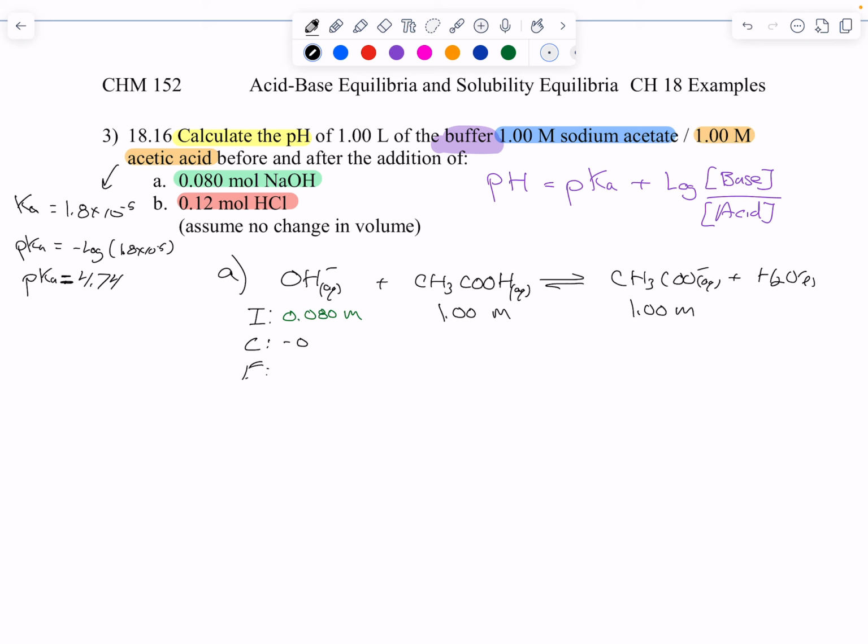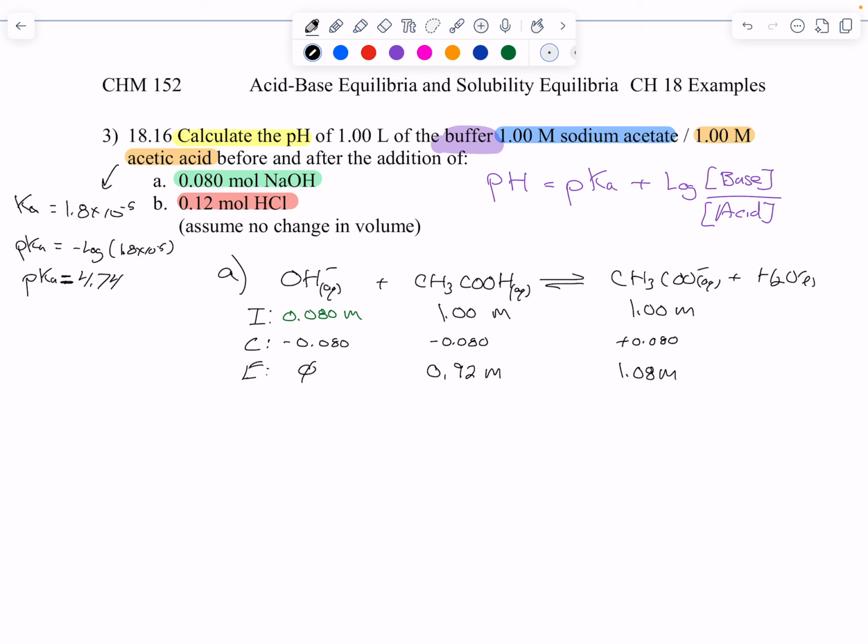So change is minus 0.080, minus 0.080, and plus 0.080. So in equilibrium, of course, our hydroxide added is gone. Where then we have 0.92 molar acid and 1.08 molar base.